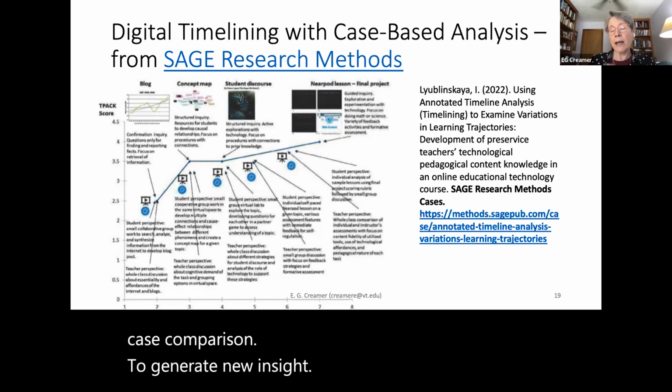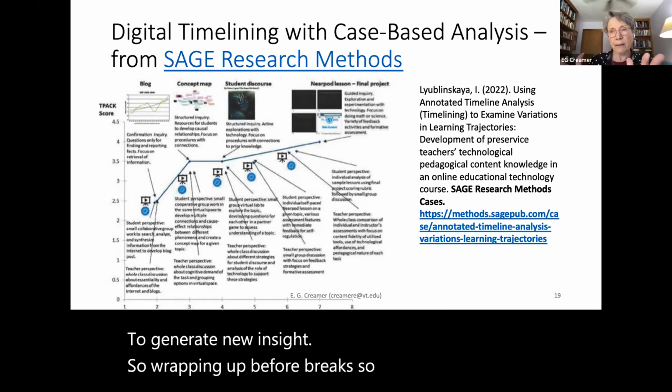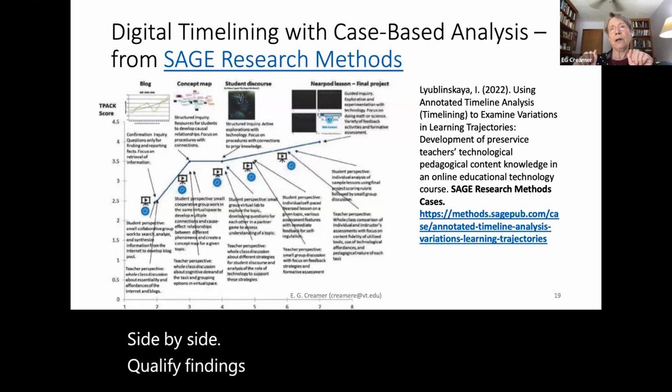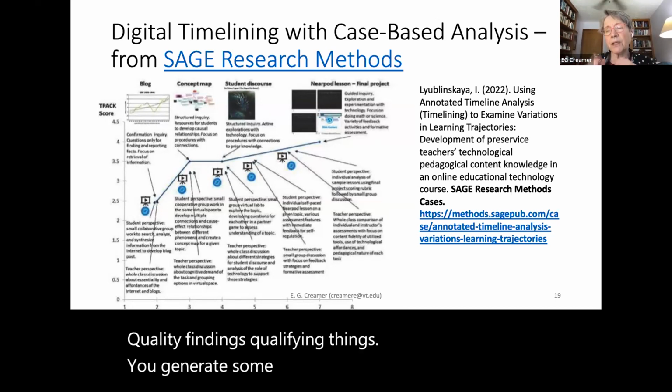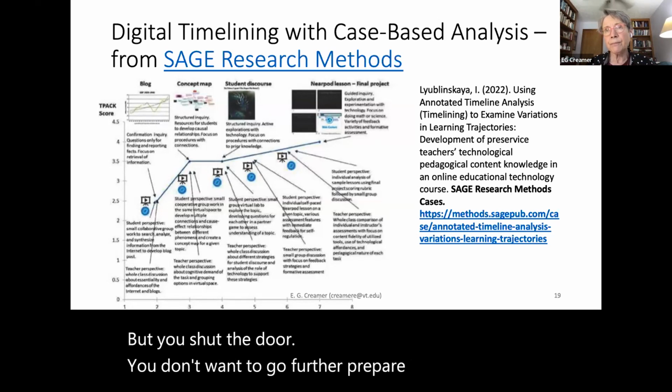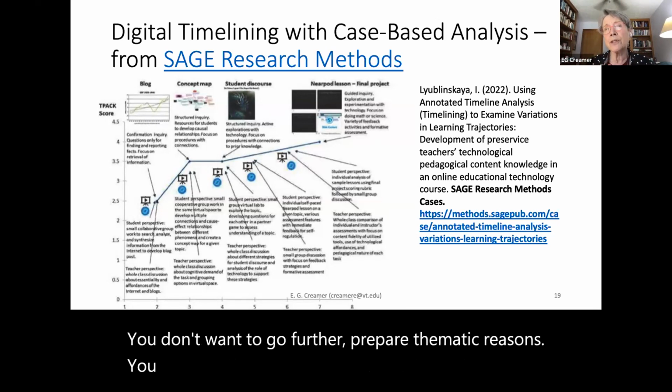So wrapping up before break, a basic display, side by side, qual findings, quant findings. You generate some conclusions, but you shut the door. Now, you don't want to go further for paradigmatic reasons. You don't have proof of those.